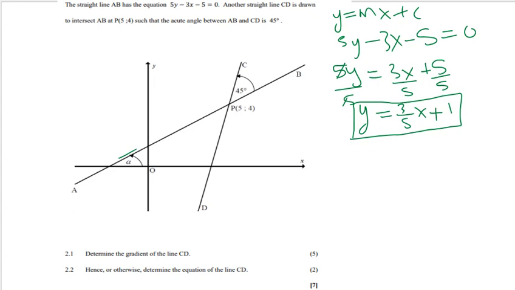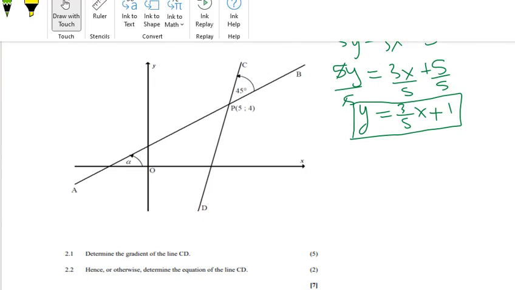So now, if I have this angle here and this angle, I can find this angle here, and immediately I have this angle here, I can jump straight to my tan theta equals m and just punch this on a calculator and get straight to the gradient of this line. So quickly, let's deal with that. Let's find the value of alpha.